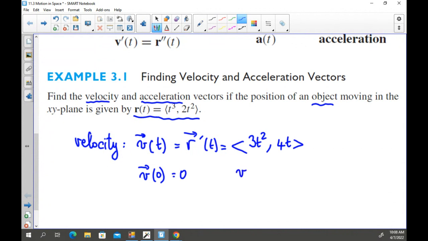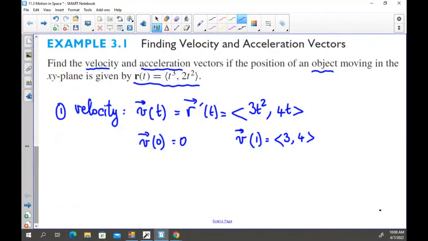If you want the velocity 1 second later, say at t equal 1, you will get the vector 3, 4, etc. So that's the velocity. And then we want the acceleration, a of t.